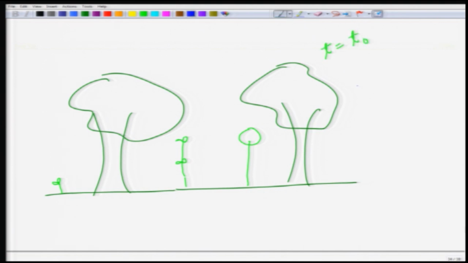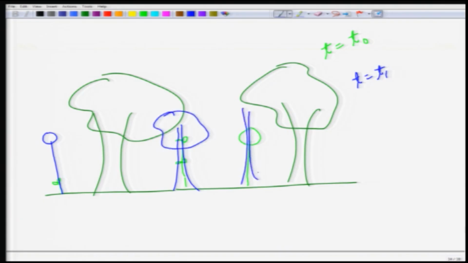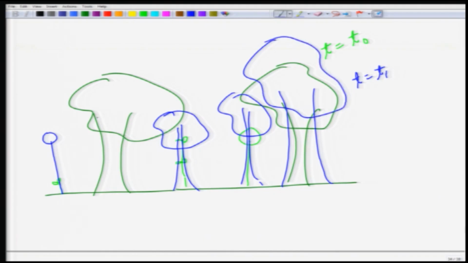Now, if we look at time t is equal to t 1, in that time this plant has reached this height, this plant has become something like this, this tree has increased in size, but probably this tree does not show any changes.